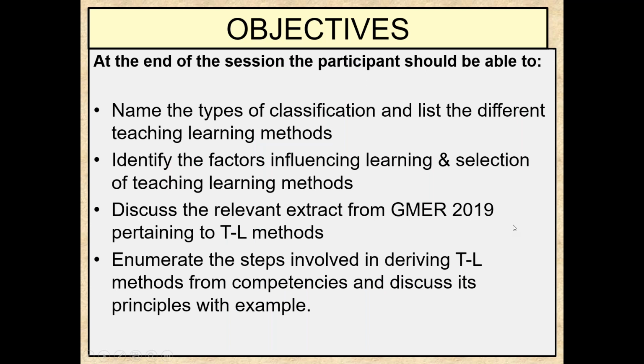The objectives of my session today are that, at the end of the session, the participants should be able to name the types of classification and list the different teaching learning methods, identify the factors influencing learning and selection of teaching learning methods, discuss the relevant extract from GMER 2019 pertaining to teaching learning methods, and also enumerate the steps involved in deriving teaching learning methods from competencies and discuss its principles with examples.